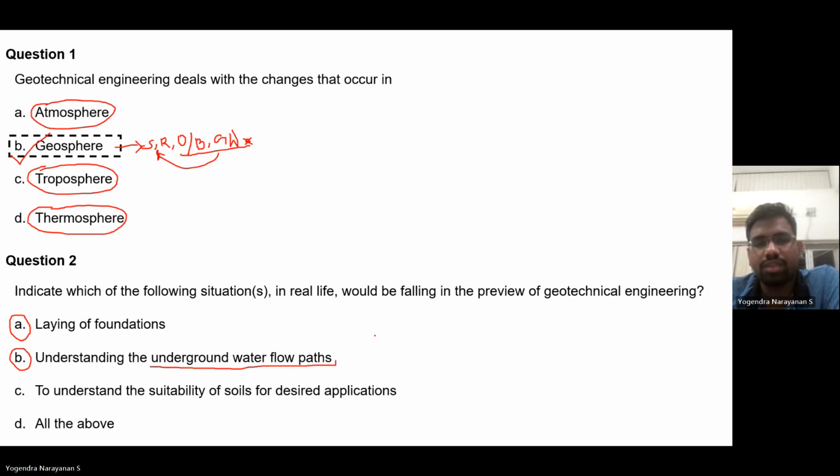For example, agriculture and as a cosmetic product, etc. So for these aspects also, it is essential to understand some of the properties of the soils, which in turn fall under the purview of geotechnical engineering. So this is also a right option. Hence, obviously, since these three fall in the purview, the answer is all of the above.